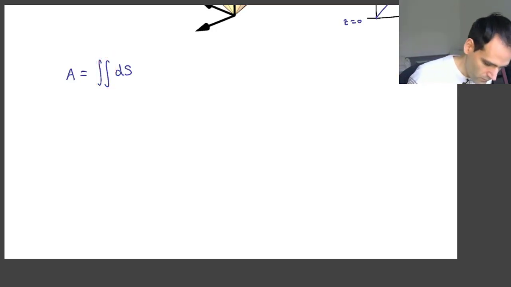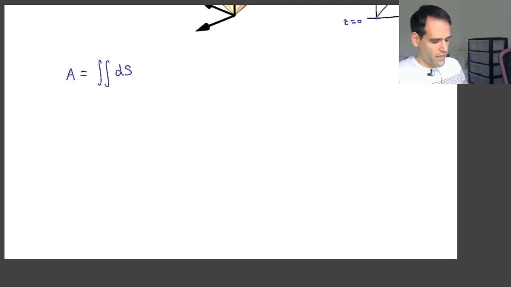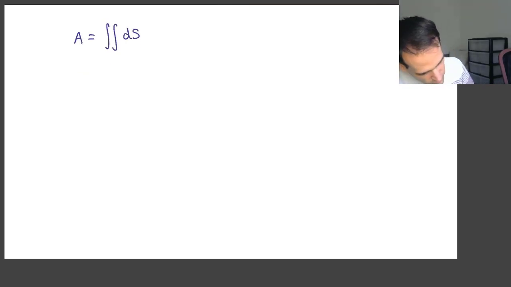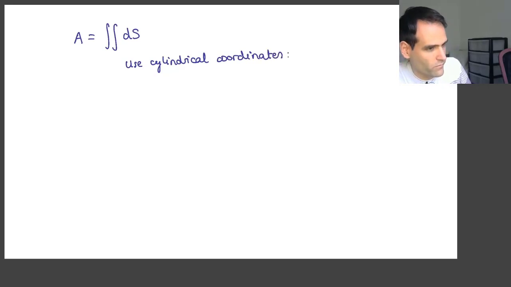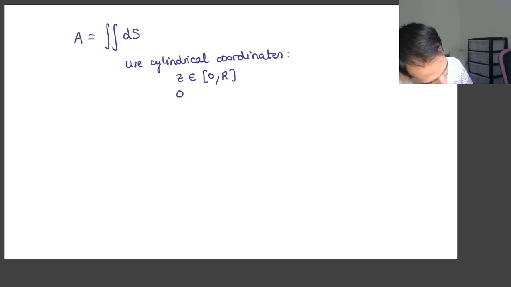Okay, so clearly I think we should use either cylindrical or spherical coordinates to integrate a cone. Both will work, okay, but let's use cylindrical coordinates. So if we use cylindrical coordinates, then our two parameters are going to be z, which changes from 0 to r, and phi, which changes from 0 to 2 pi.